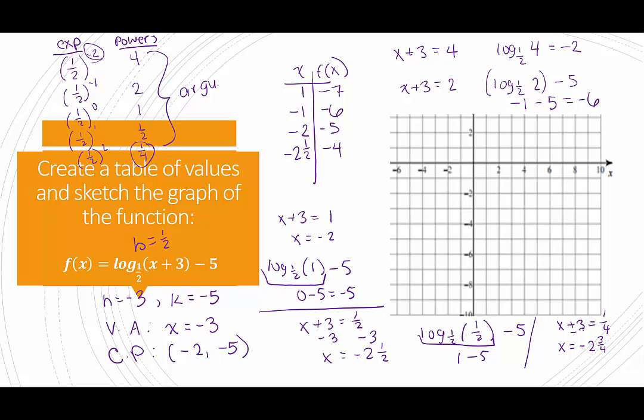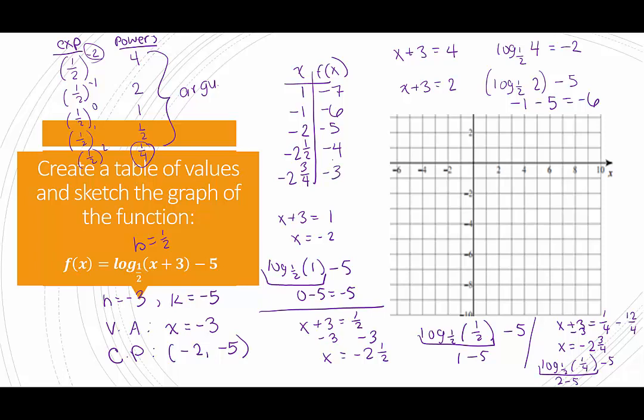If you want to set up a common denominator, -3 would be -12/4, right? 1 minus 12 is -11, and -11/4 would be -2 3/4. If I plug that into the function, we have log base 1/2 of 1/4 minus 5. Well, 1/4 is 1/2 squared, and 2 minus 5 gives us, hey, there it is, -3.